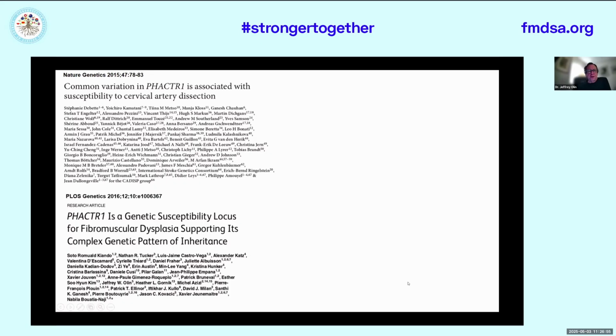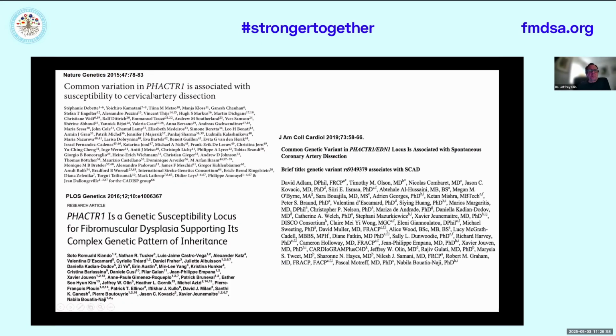So in conclusion, I just want to say that this PHACTR1 gene locus was first described as being overexpressed in people who have had cervical artery dissections. Next, a group of us published this paper that PHACTR1 is a genetic susceptibility locus for fibromuscular dysplasia, supporting this complex genetic pattern. And lastly, in 2019, we wrote this paper, Common Genetic Variant in PHACTR1 is associated with spontaneous coronary artery dissection.